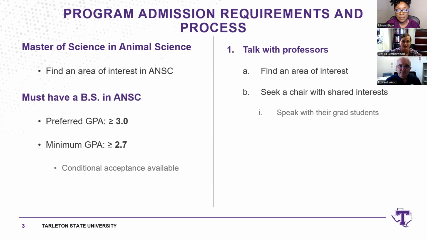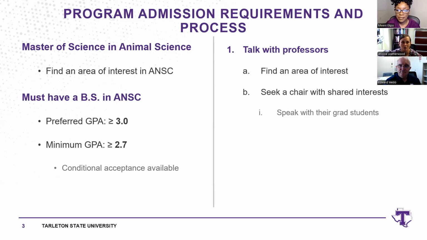Typically, in some cases, students can undergo a conditional acceptance into the program, and I'd be happy to provide you with additional details if that's something that is unique to your situation.